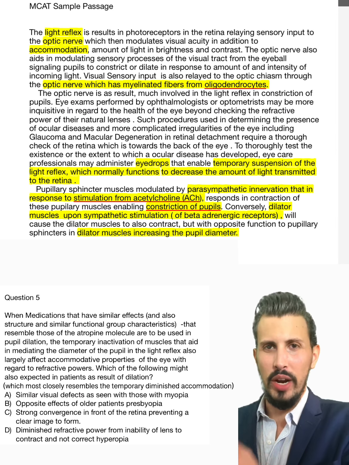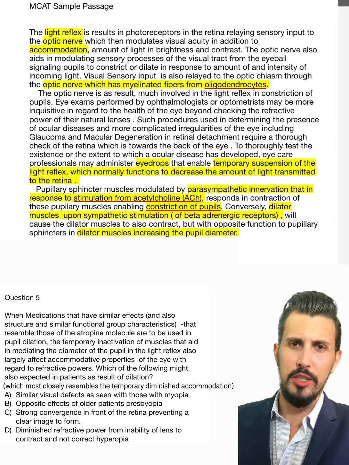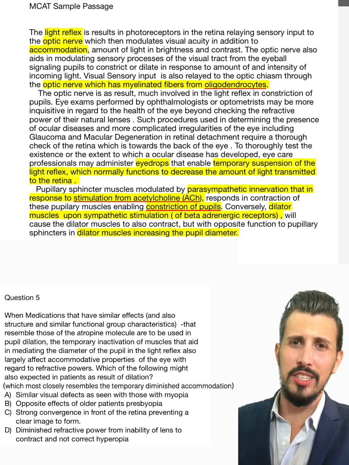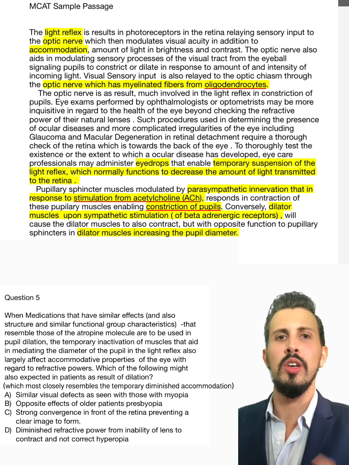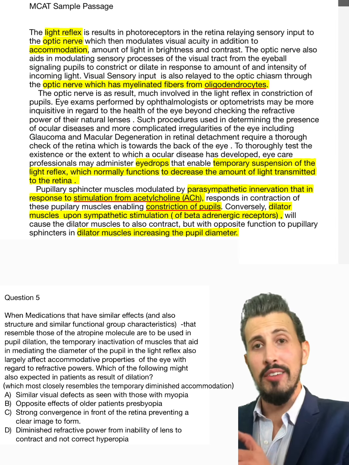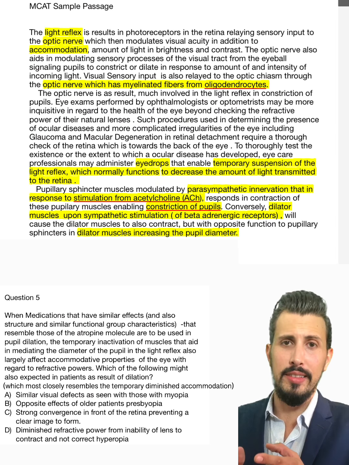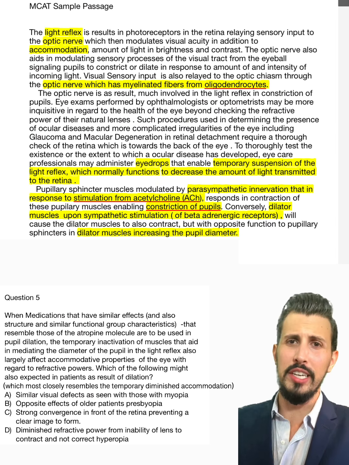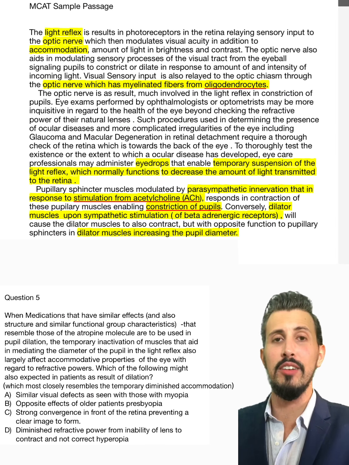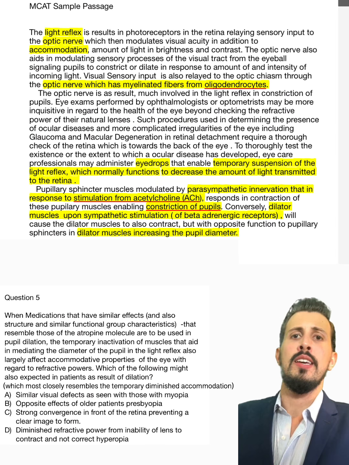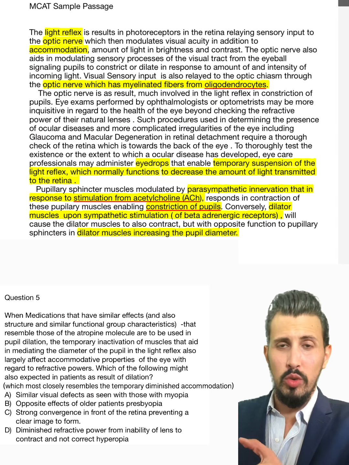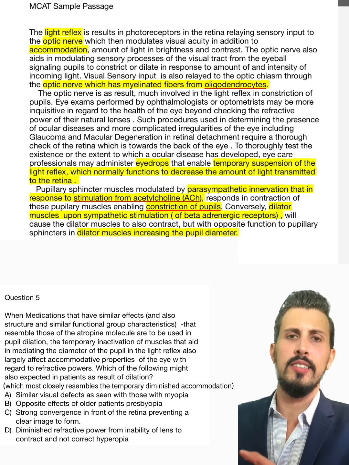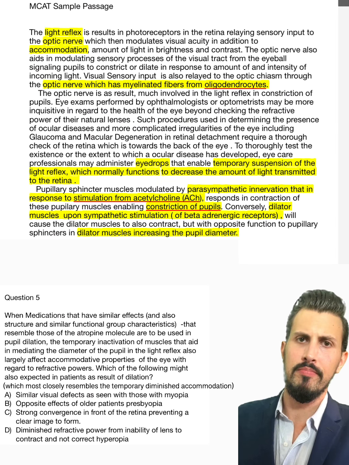So that the image lands directly on the retina, which gives for a clear image. So all that to say that the best answer is going to be D in reference to the potential side effects of accommodation being diminished with patients that have pupils dilated for an extended period of time. This would most closely reflect patients with hyperopia.